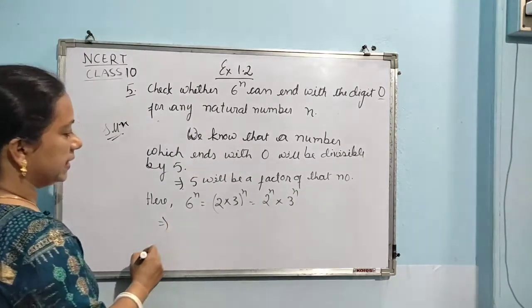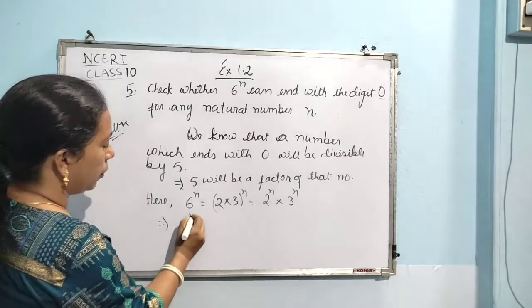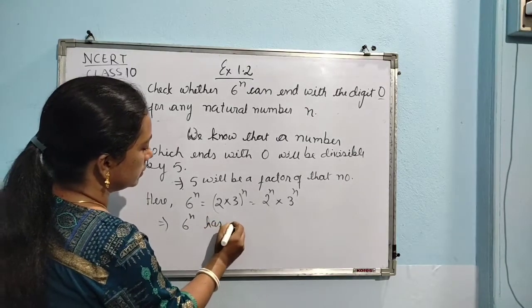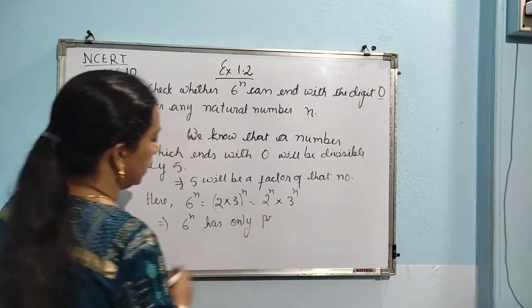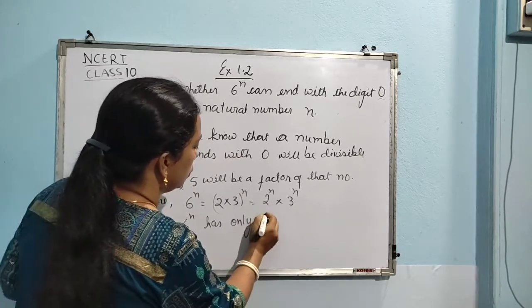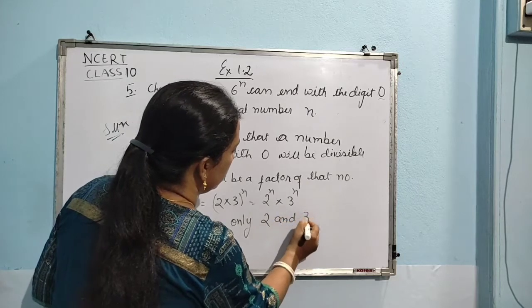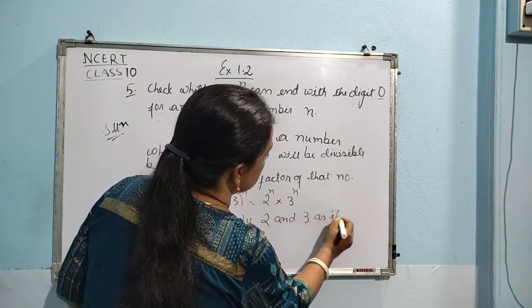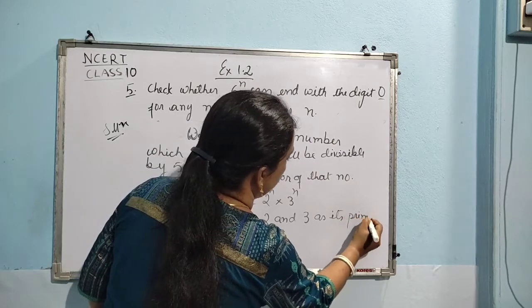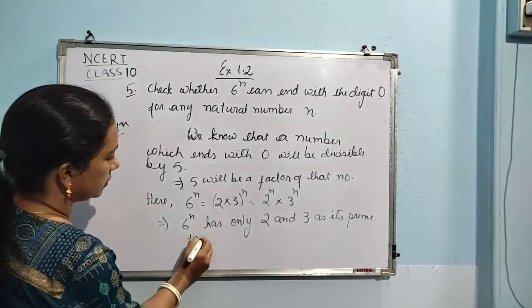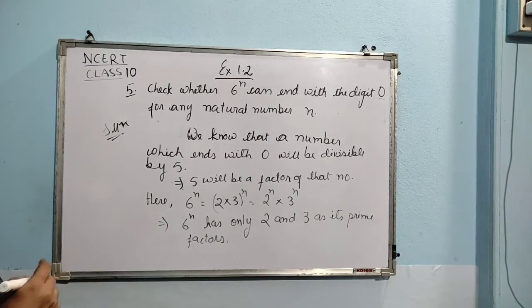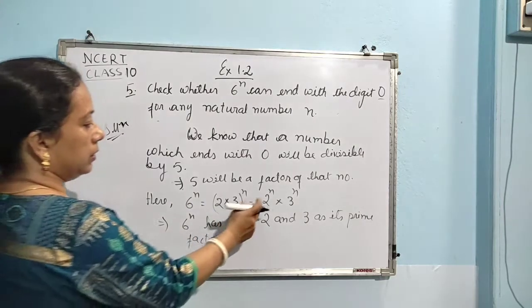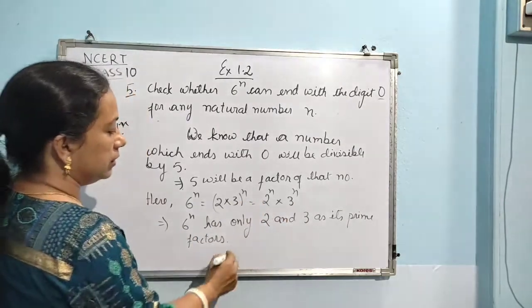So it implies that 6 to the power of n has only 2 and 3 as its prime factors. Why have I written only 2 and 3?